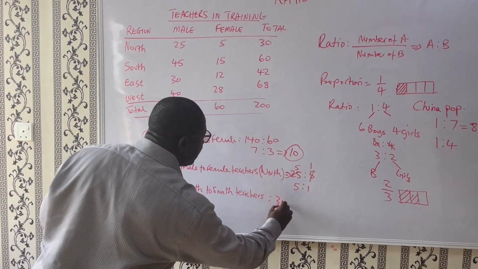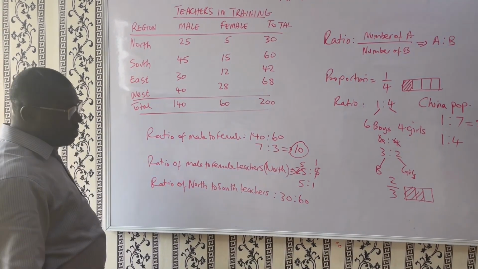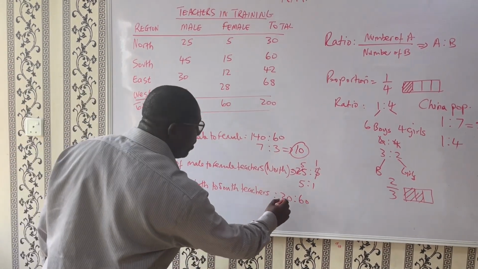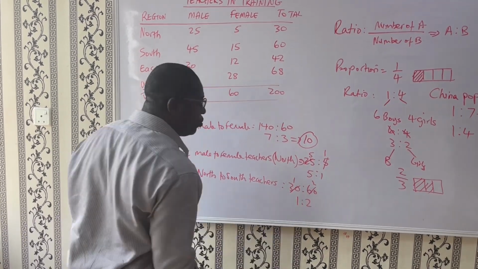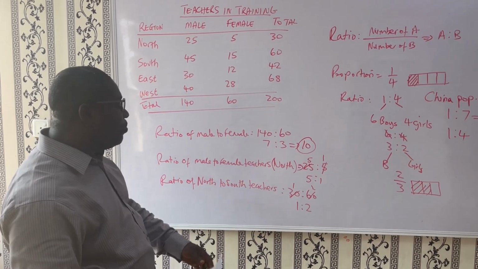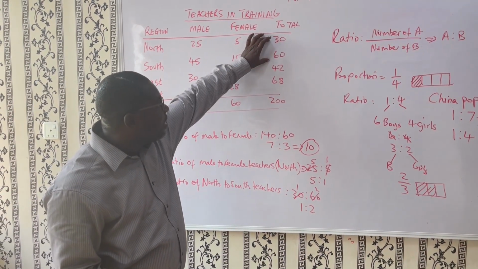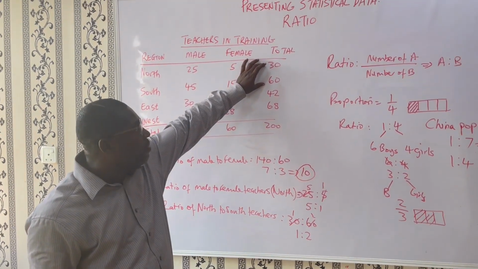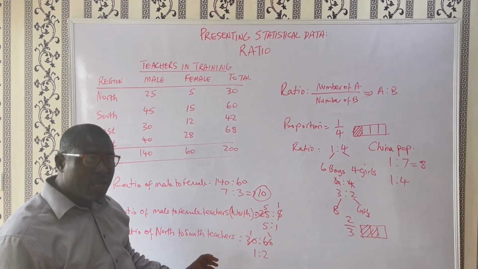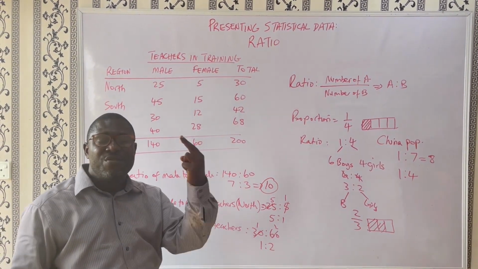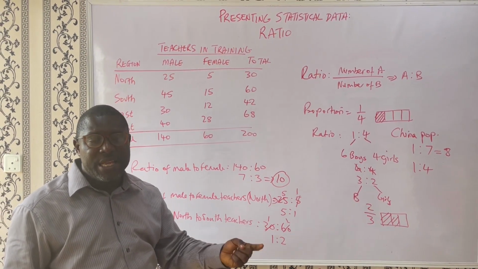We're talking about 30, and the southern teachers are 60. We can further reduce this to 1:2, which means that if you pull the total teachers together, between north and south, the total of them are 90. Or if you break it down, for every 3 of them, 2 are from the south and 1 is from the north.